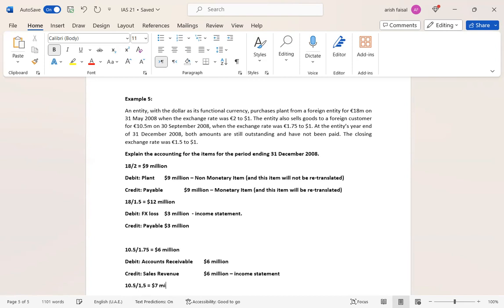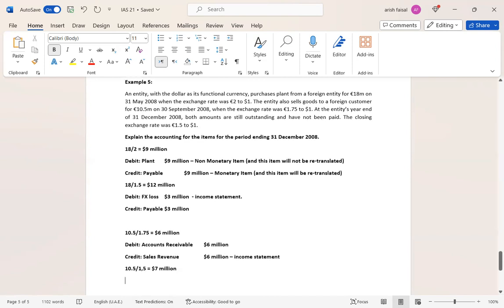So what's happening is that your receivables have increased in value from 6 to 7. This will be considered your gain as the receivables are increasing. So I'm going to debit my accounts receivable with the amount of 1 million, and credit will be my foreign exchange gain with the amount of 1 million, and that will be recorded in the income statement.